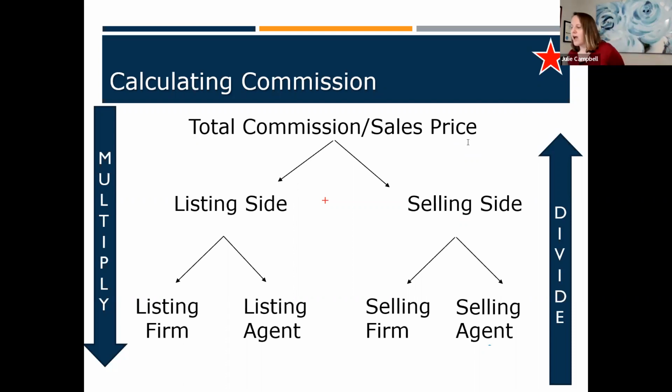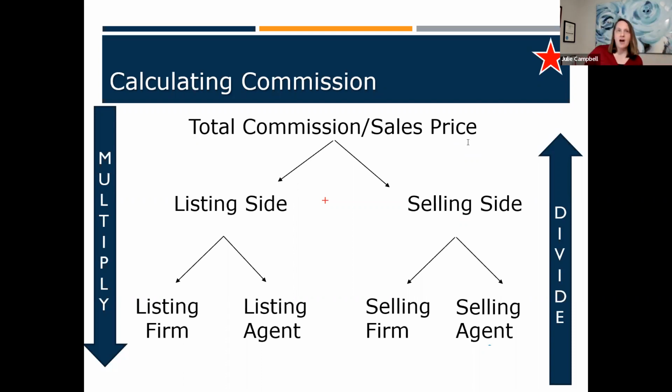So now that we know how much Holmes Realty collected, $5,670, we're going to take that and split it again between the firm and the agent. We're going to see the firm's going to retain $2,551.50. Agent Ted is going to have his commission check for $3,118.50.